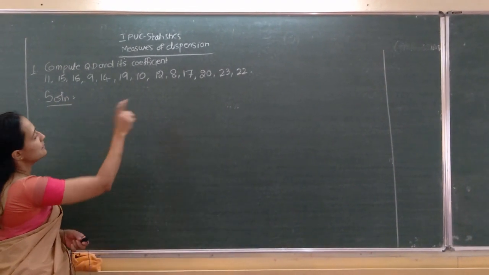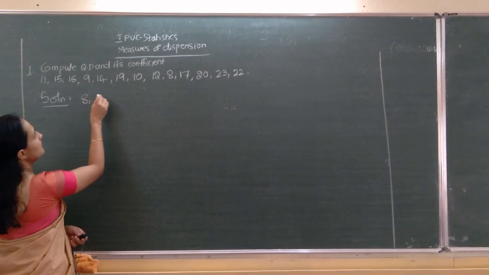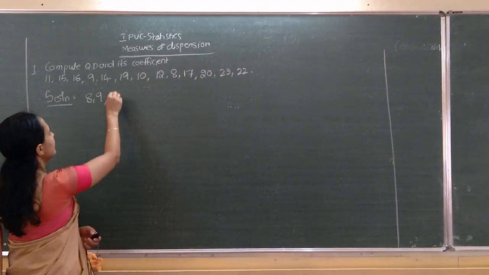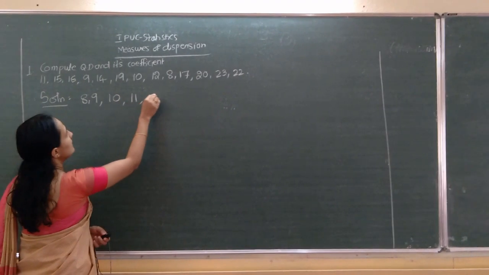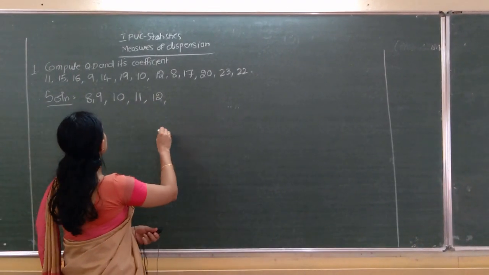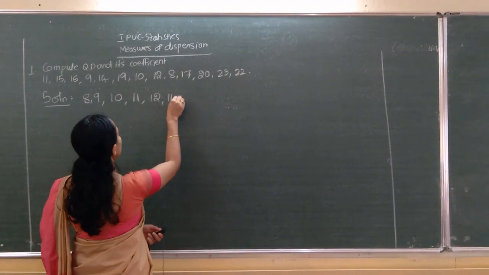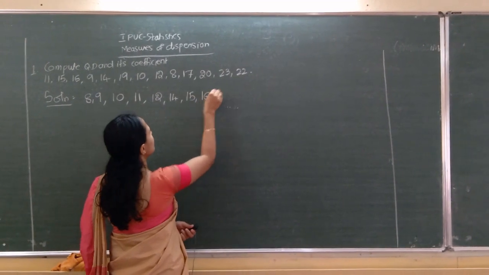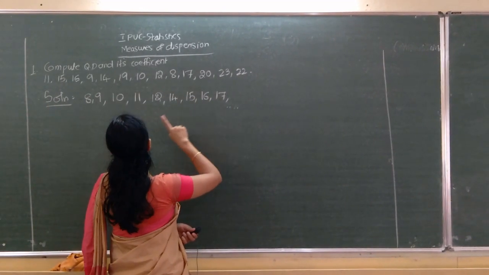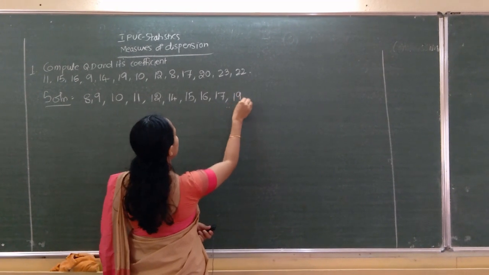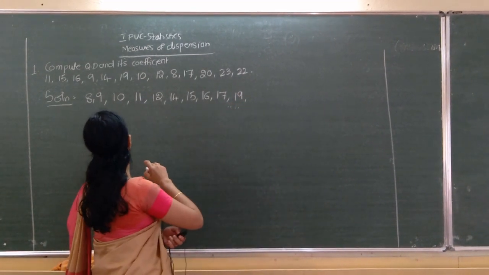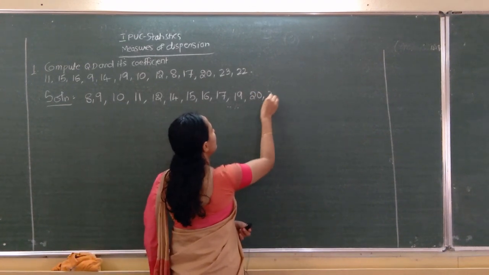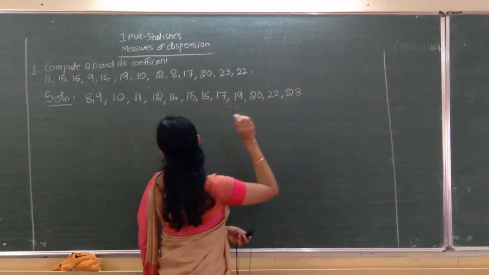The lowest value here is 8, next 9, 10, 11, 12, 13 is not there, 14, 14, 15, 15, 16, 17, 18 is not there, 19, 19, 20, 20, 22, 22, 23.